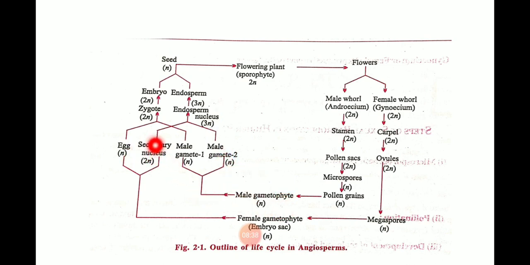Egg and the secondary nucleus result in the formation of zygote, which develops into an embryo. Of the male gametes 1 and 2, male gamete 2 helps in the formation of endosperm. It is the nutritive structure enveloping the zygote or the embryo which provides nutrition to it. All this structure together comprises the diploid seed.